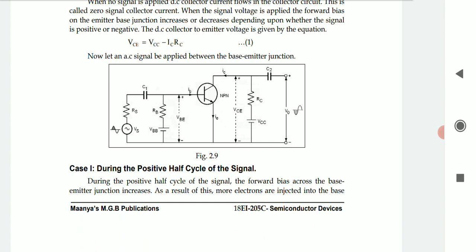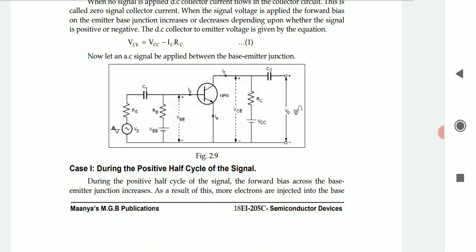Next, the output side. RC is the collector resistance in order to measure the output signal. VCC is the output biasing voltage, which is used to maintain the collector junction in reverse bias. Next, C2.